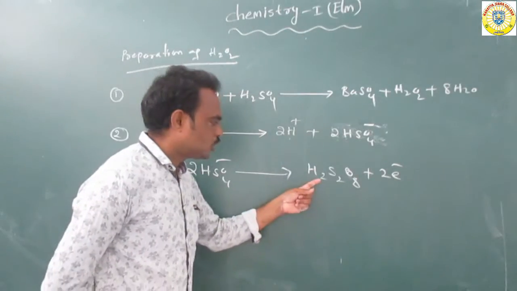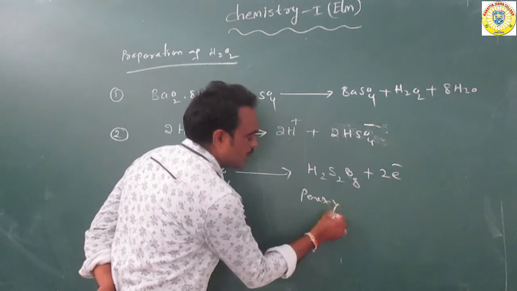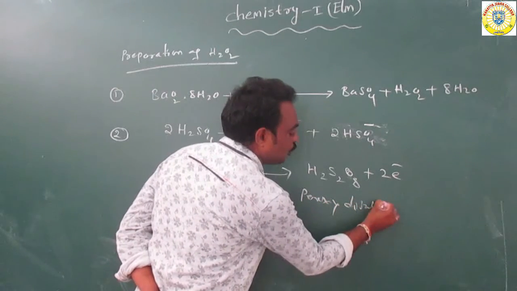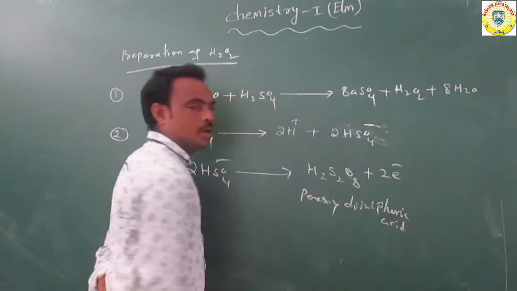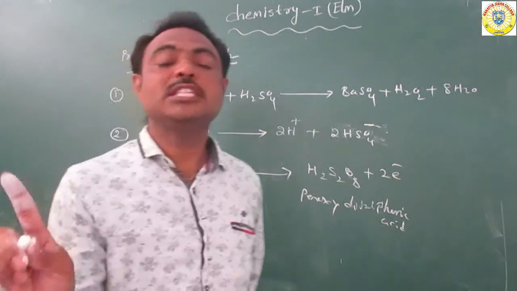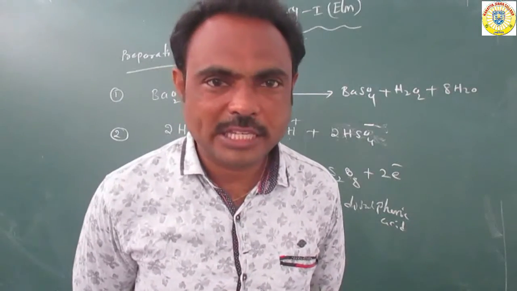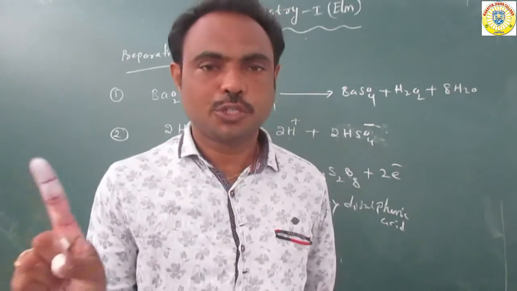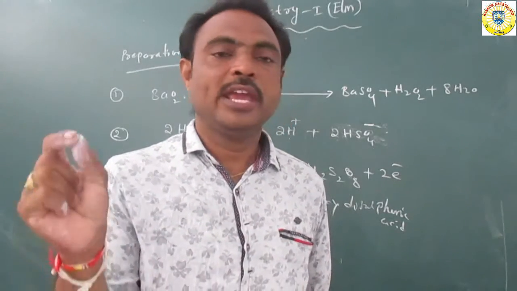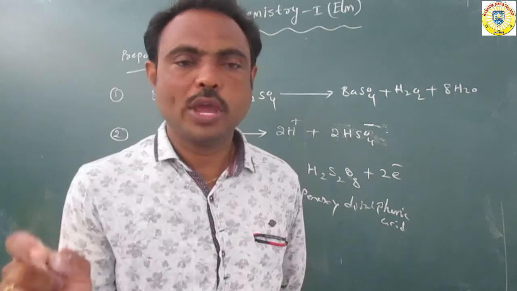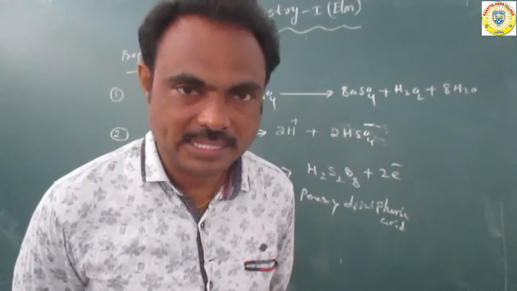H2S2O8 means peroxy disulfuric acid. What is the formula of peroxy disulfuric acid? H2S2O8. H2S2O8 is peroxy disulfuric acid.